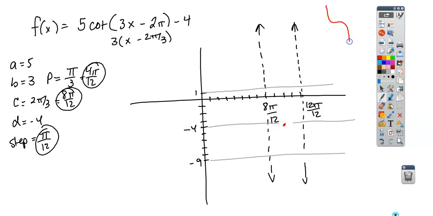Cotangent is decreasing, so it has the critical high in that first little section. So halfway between these, which is at 9 pi over 12, I would be up at 1. And then over here, halfway between at 11 pi over 12, I would be down at my critical low, -9.